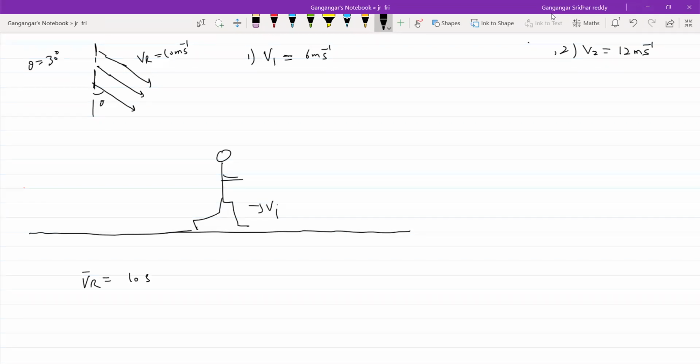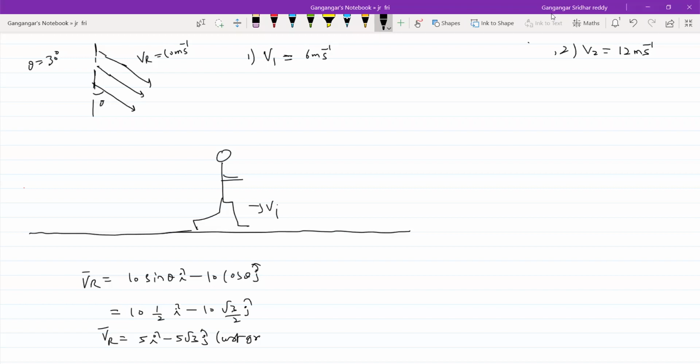It will be 10 sin theta i cap, 10 cos theta j cap. Sin 30 is 1 by 2 i cap, 10 cos 30 is root 3 by 2 j cap. So this is the velocity of rain with respect to ground. Now what is the velocity of man? It is 6 i cap meter per second.